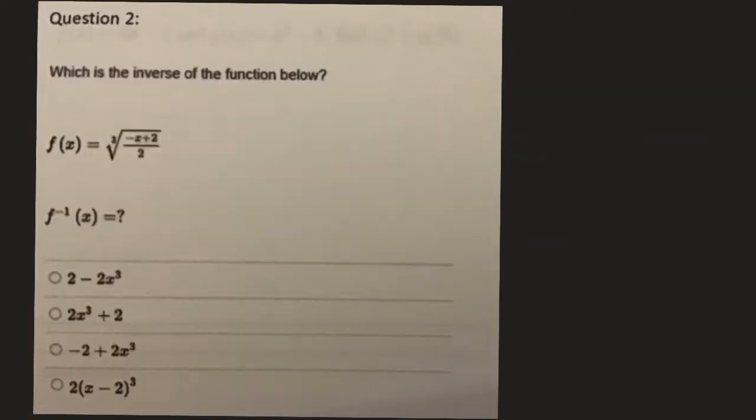All right, number two says, which is the inverse of the function below? So we're actually going to take this and find the inverse. We're going to start by switching our x and y values, so we now have x equals the cube root of negative y plus 2 over 2. And we can just go ahead and start solving this.